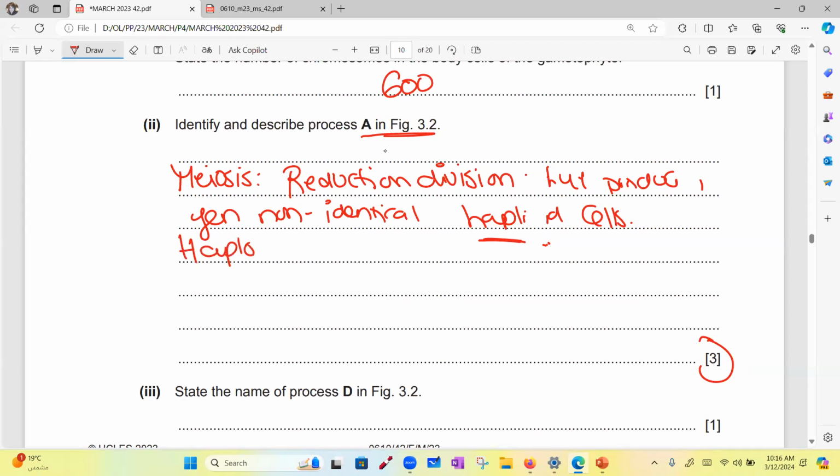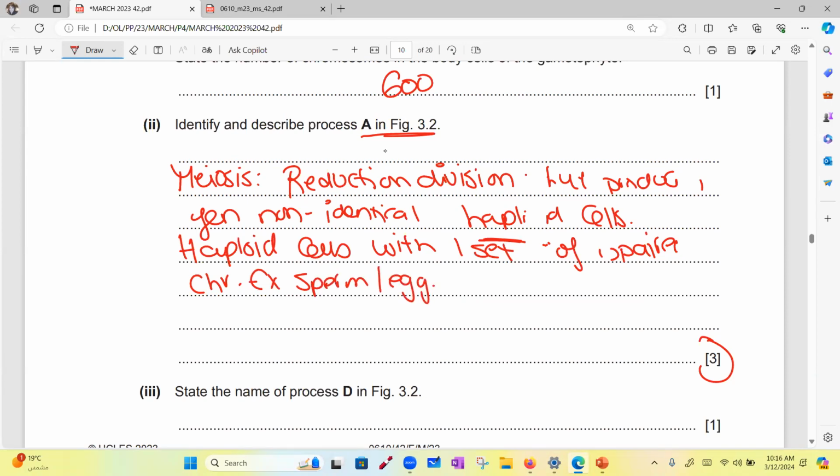The haploid cells, these are cells with one set of unpaired chromosomes. Example, sperm/egg. In the plant, it's called pollen and ovule. No sperm and no egg in plant, okay?